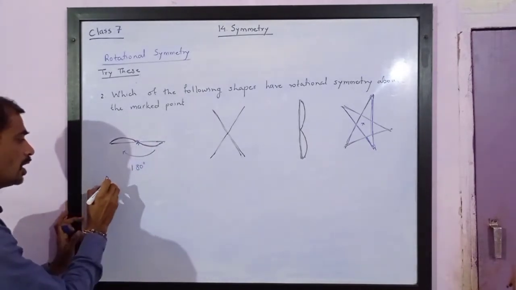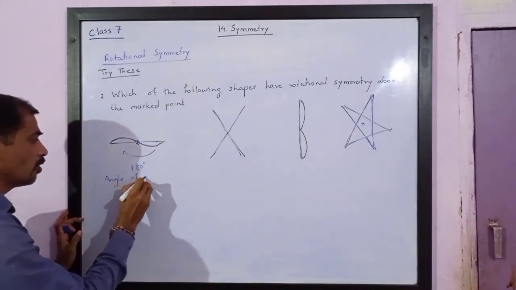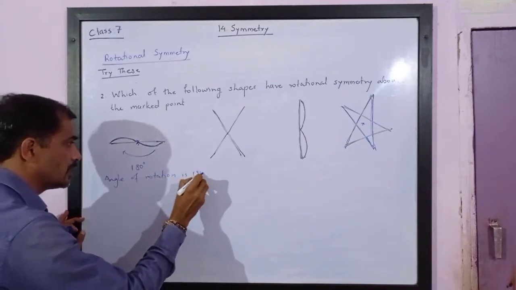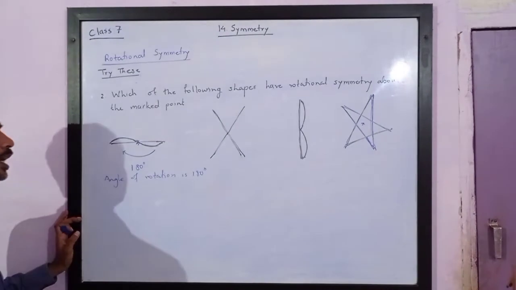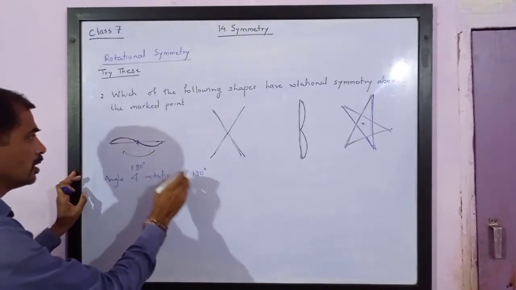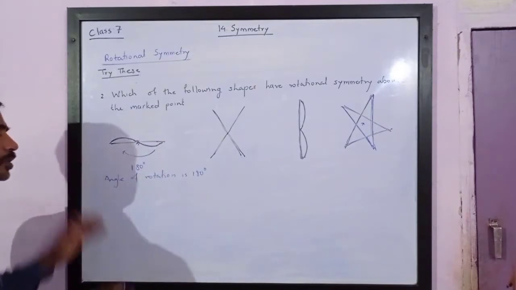So, angle of rotation is 180 degrees. If you rotate through 180 degrees, again if you rotate through 180 degrees, you will get the same figure, the same position.